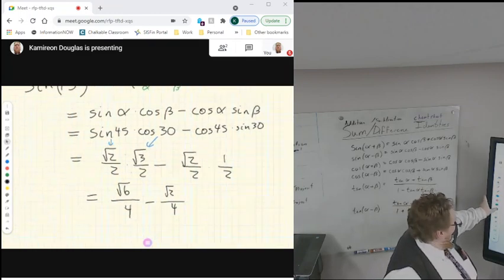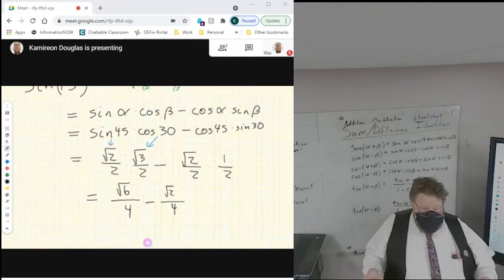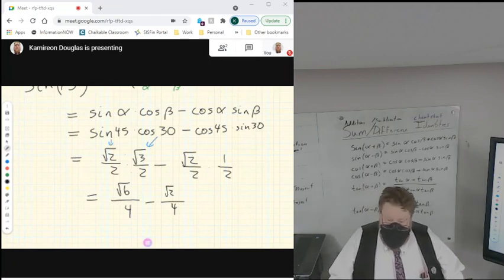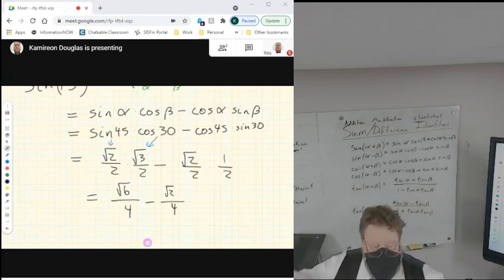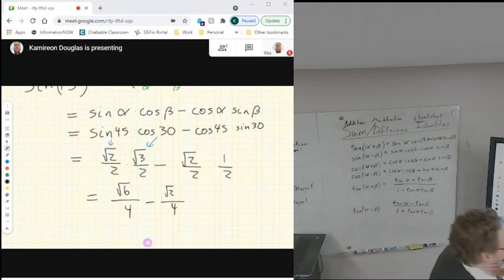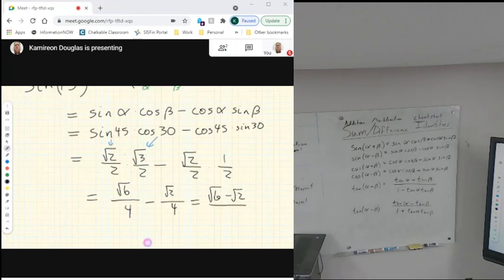When I combine these two, because they're in radicals, I cannot directly subtract them. Addition and subtraction inside of radicals works. Addition and subtraction outside does not. This becomes the very interesting problem. Square root of 6 minus square root of 2 over 4.